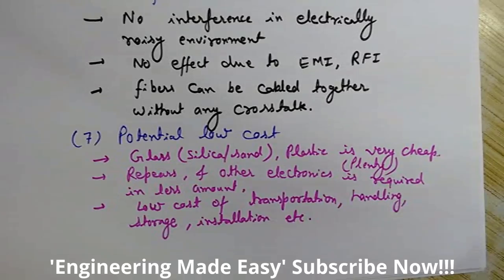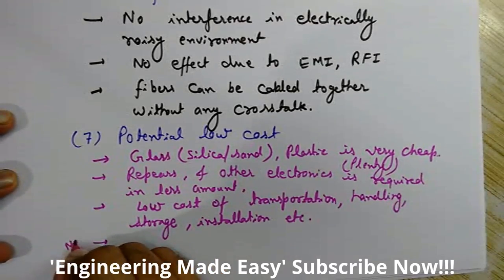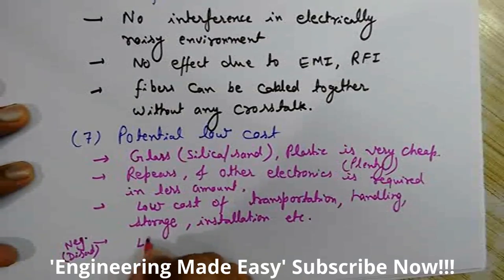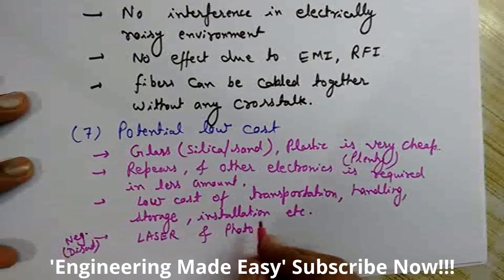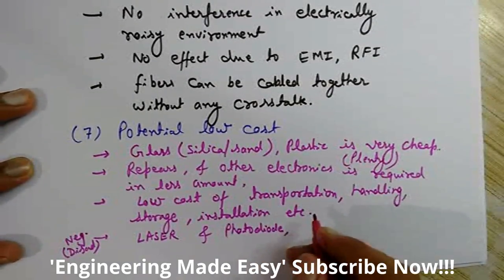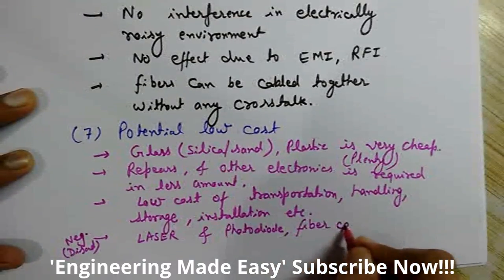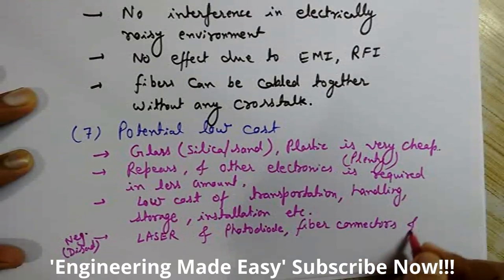But there are some problems. Some things are expensive in this communication: the high cost of optical sources like lasers, receivers like photodiodes, and also fiber connectors and couplers.